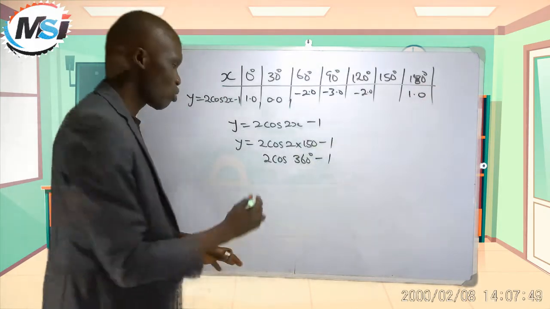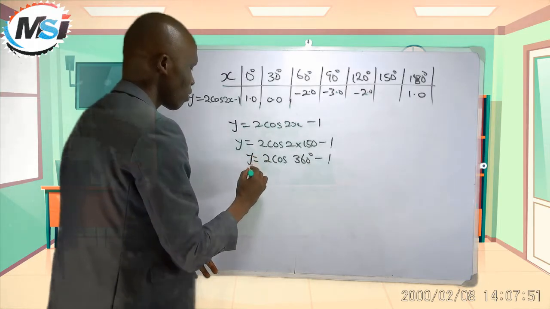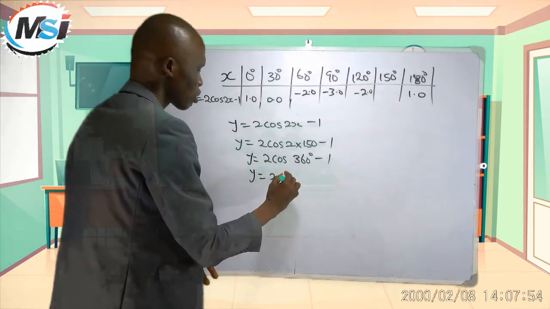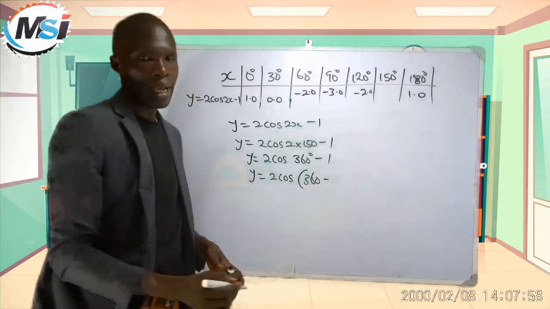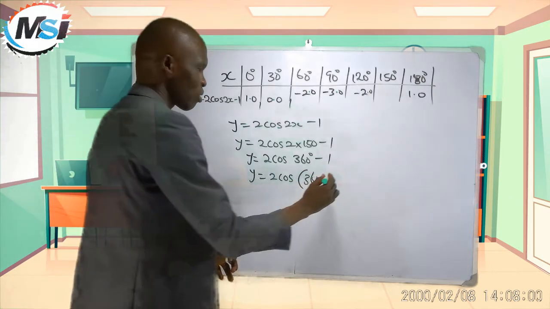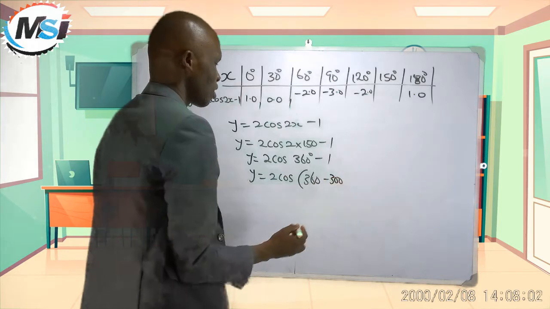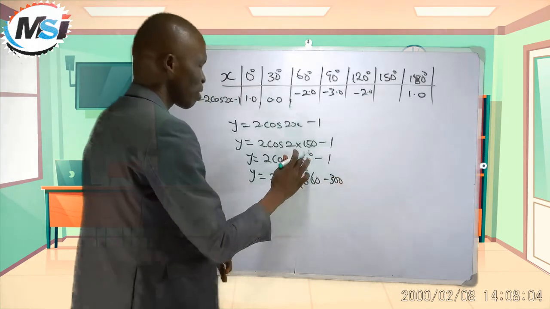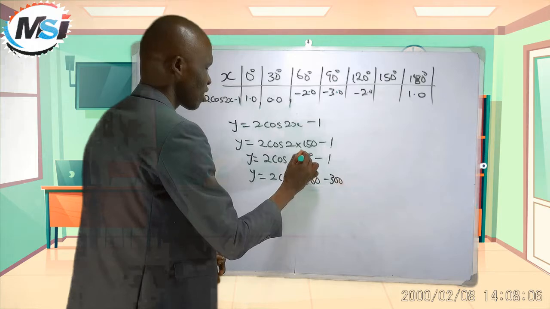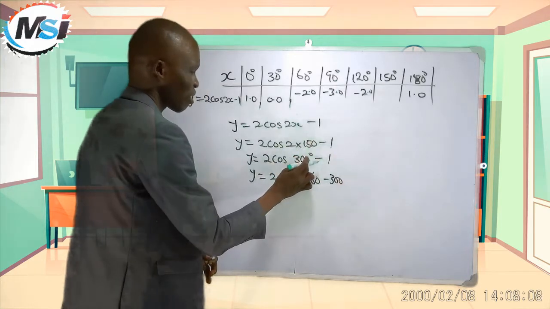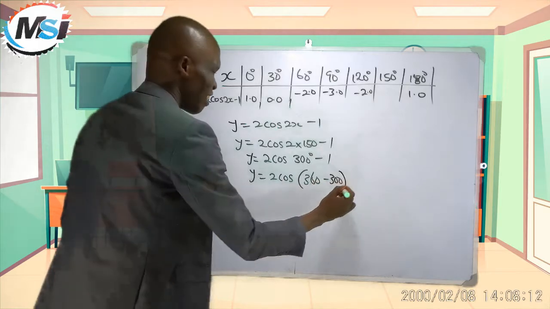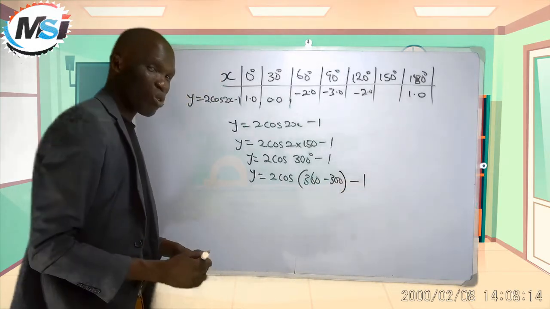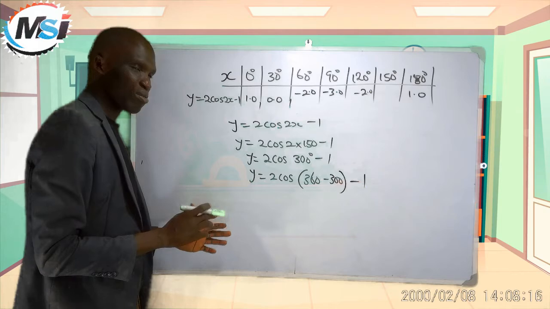So what are we going to do? Y will give us 2 cos 360 minus 300. Oh sorry, pardon me, this is 300, 2 times 150 is 300. I believe you pardon me for that. Thank you. Minus 1.